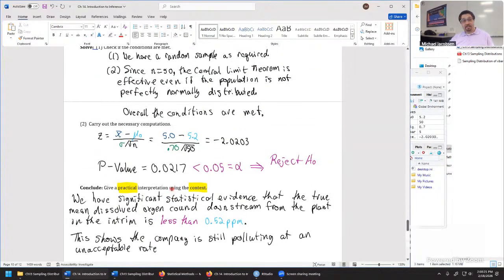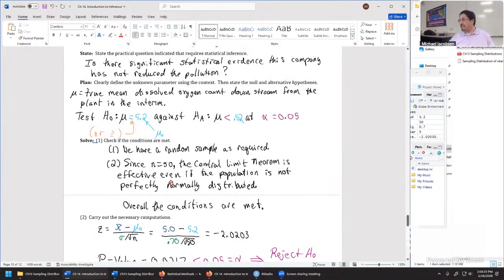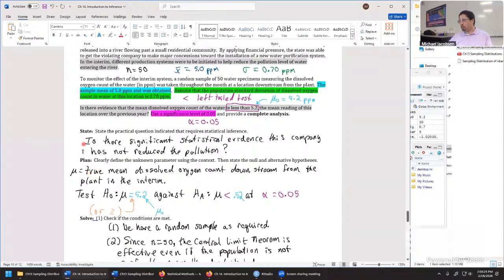One thing to just remind you as a kind of a big takeaway on doing this is a really important part right here because it kind of gets in our head. What is this problem all about? What is the context? If you can state the practical question well, it will probably direct you well on what the parameter mu is.